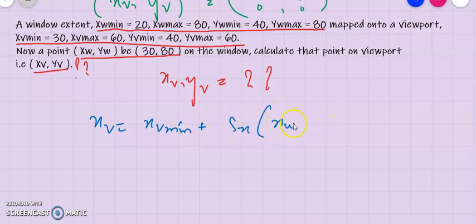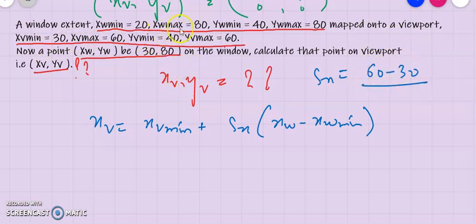My xv is equal to xv minimum plus sx into xw minus xw minimum, right? So we calculate sx as viewport x extent upon window x extent. What is viewport x extent? Xv max minus xv minimum, so it is 60 minus 30 upon window x extent, 80 minus 20, so this becomes 30 upon 60.